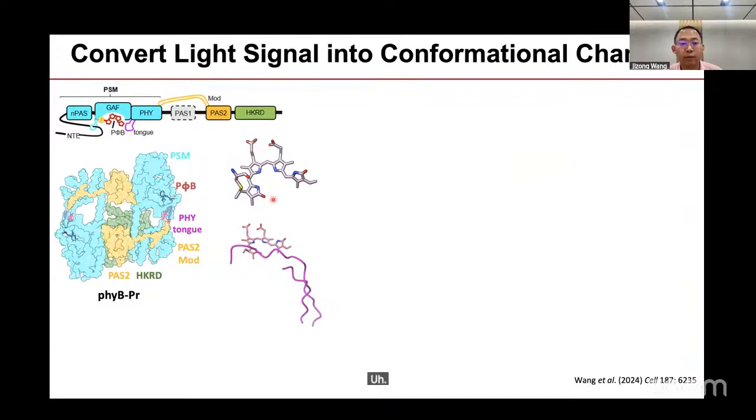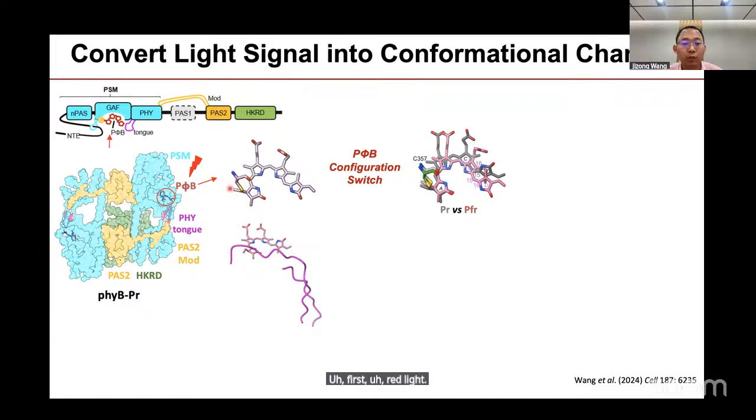Now, let's see how phyB transduces red light signals into conformational changes. First, red light absorption by the PΦB molecule triggers a 180 degree flip of its fourth ring, also the D ring, followed by its sliding.